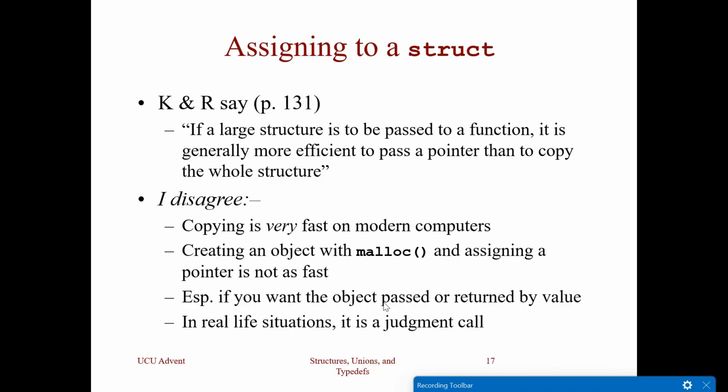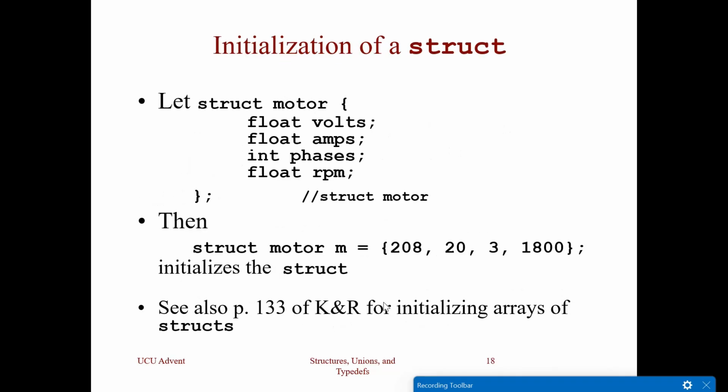Though I would disagree with that, because copying is very fast on modern computers, and creating an object with the malloc function and assigning a pointer is not as fast, especially if you want the object passed or returned by value in real-life situations. It is a judgment call, as I would say.